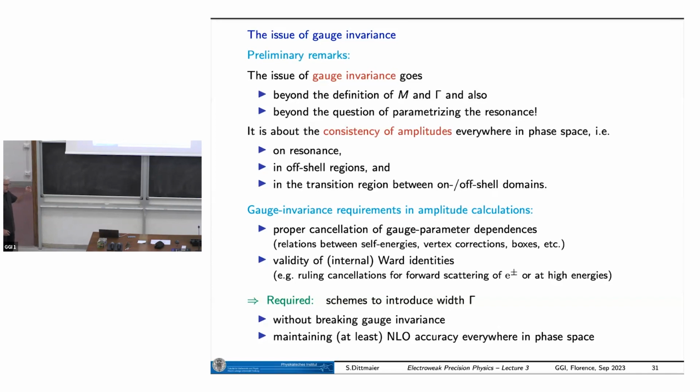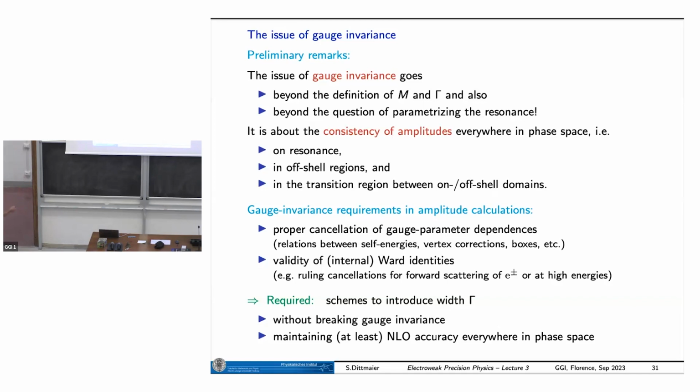It is in fact the production of longitudinal gauge bosons, for example, that requires such internal relations, and they are ruled by this Ward identity between Green functions. And the point is, you should do whatever you can not to destroy such relations. Okay, I will give you examples later on.